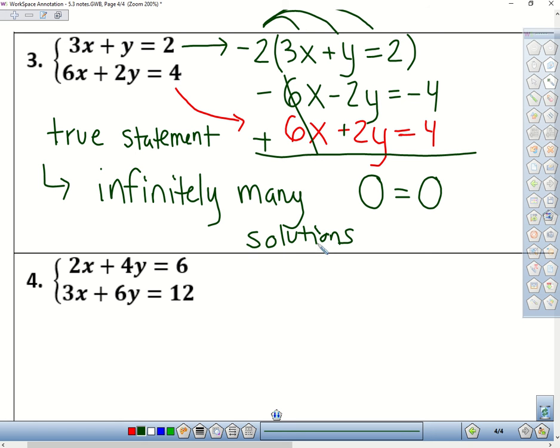On the graph, they just go right on top of each other, which means they share all the same solutions. Infinitely many solutions. So if you get a true statement at the end, and I will ask about this on the quiz, you know that it has to be infinitely many. If you get a false statement, that's where you have no solutions, okay?